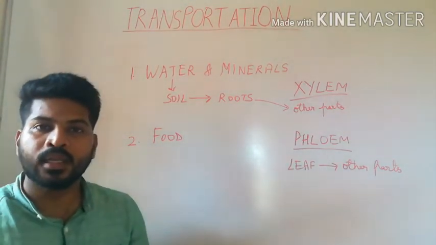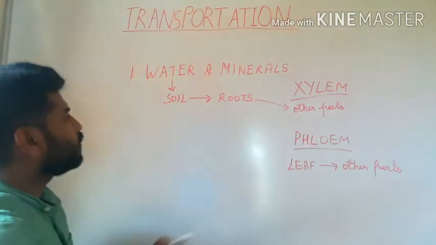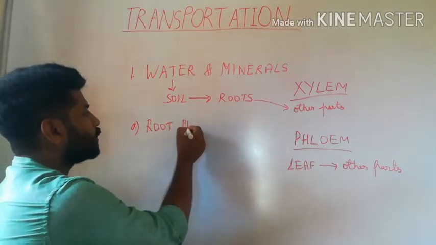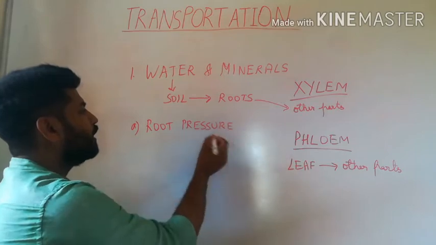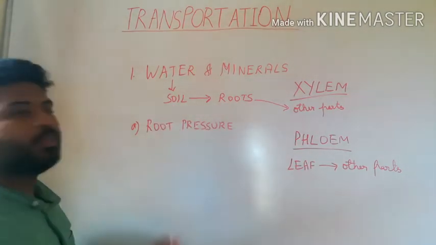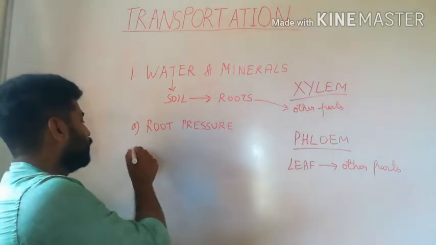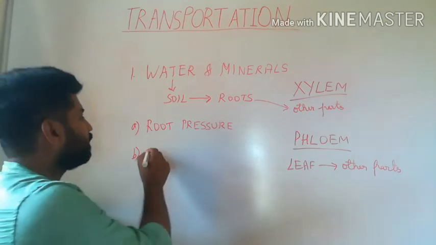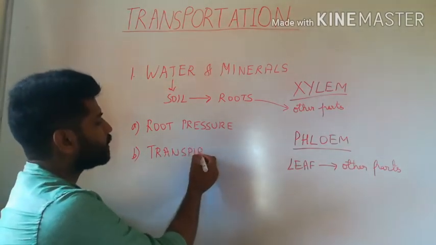So herein comes the help of another factor, that is transpiration. The entry of water from the soil into the roots is due to root pressure, and it can travel a little distance. But to transport water to higher parts of the plant, we require a phenomenon called transpiration.